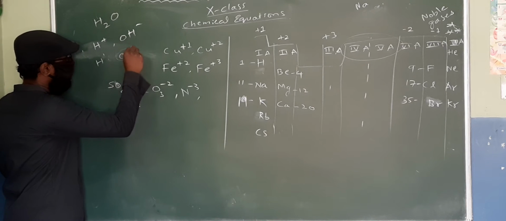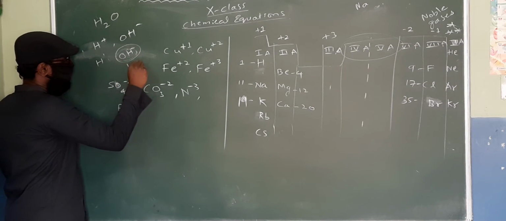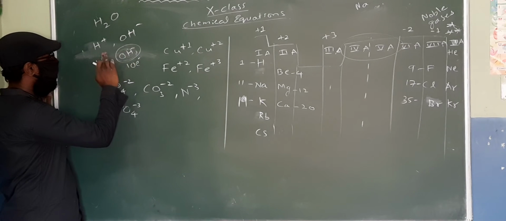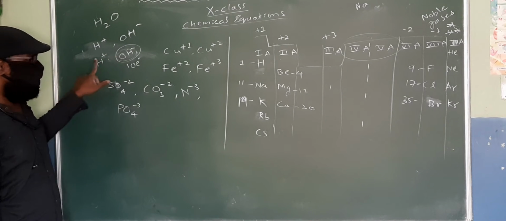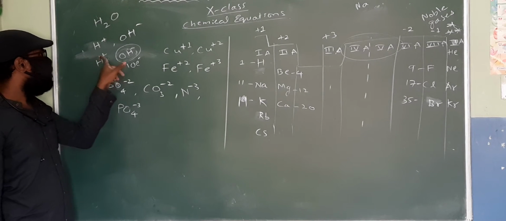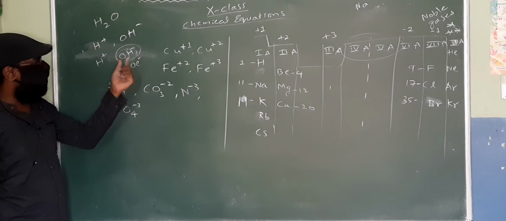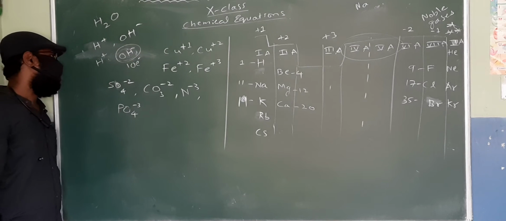So, the OH will get 1 electron extra, which makes it 10 electrons. And it gets this 1 electron by stealing the electron from H. The hydrogen has 1 electron. That 1 electron is stolen by the OH, because the OH had 9 electrons. If it steals 1 electron from this H, you will get 10 electrons.